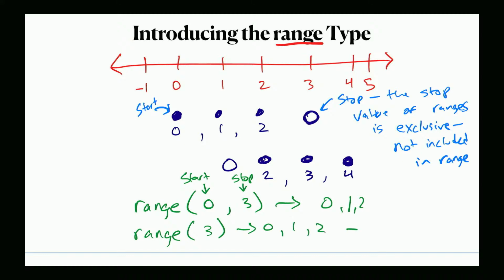The note I would make about this is a single-argument range specifies the end or stop. Start is 0. Super handy when we're trying to just have a range of indices in a list, for example, and that's why that's very common. Question from the back, yep.